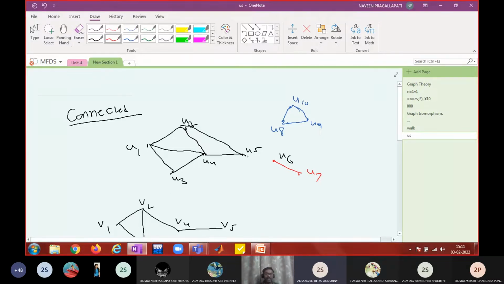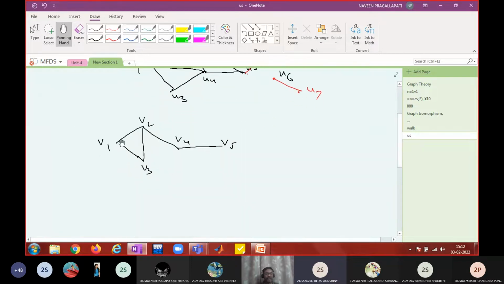If I join like this, how many components are there in this graph? 2. Okay, so this is one component, this is another component. Is that okay?